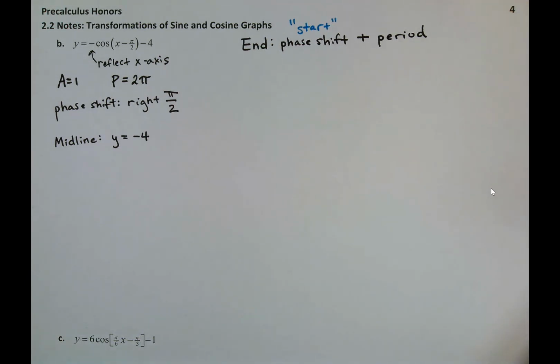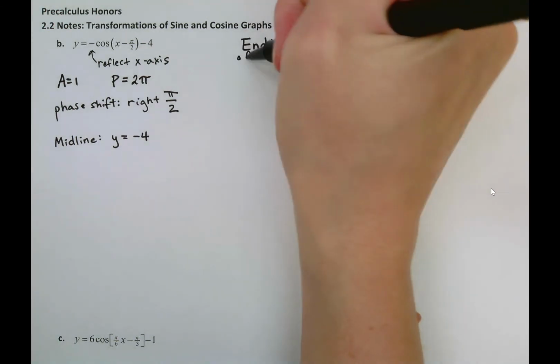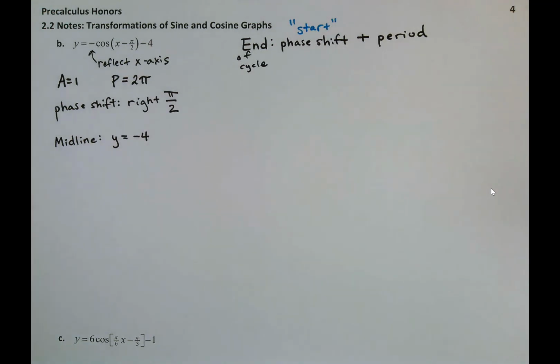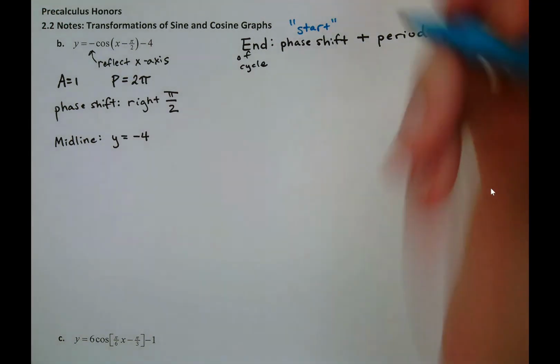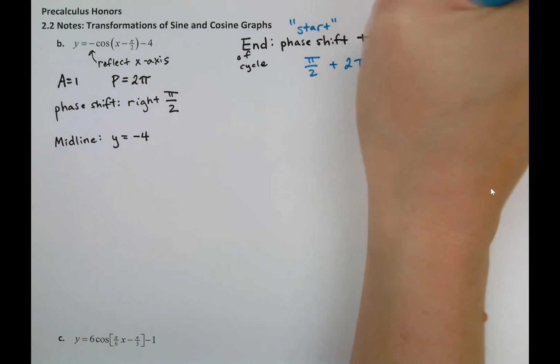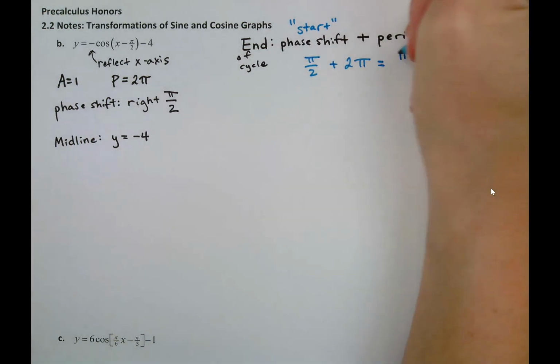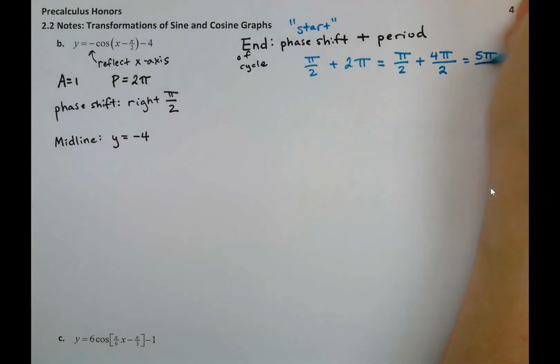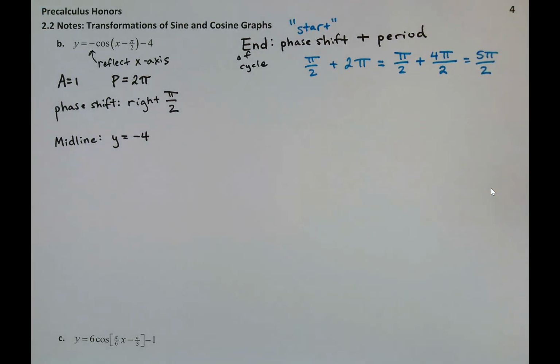So the end of my cycle is going to be my phase shift plus my period. For this one, the starting point is pi over 2, and then I add 2 pi. If I find a common denominator, I'm adding 4 pi over 2, so you're going to end at 5 pi over 2. That's one way to think about it. You start at pi over 2, you end at 5 pi over 2.